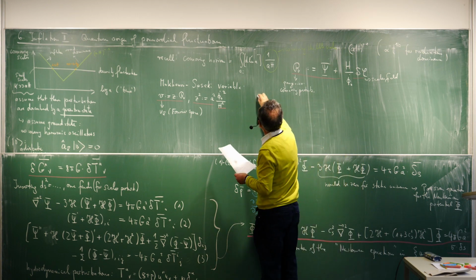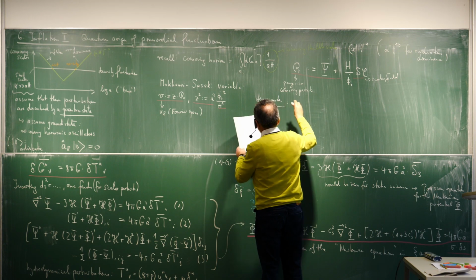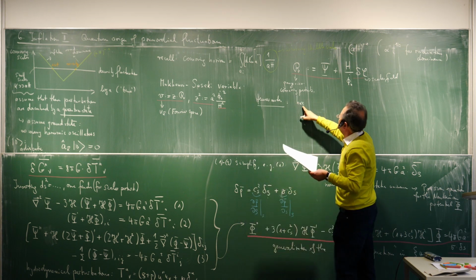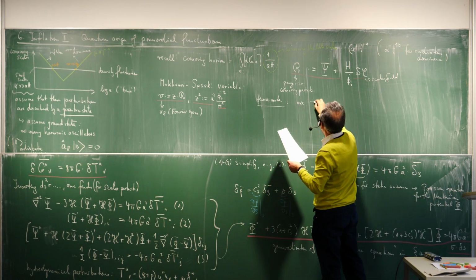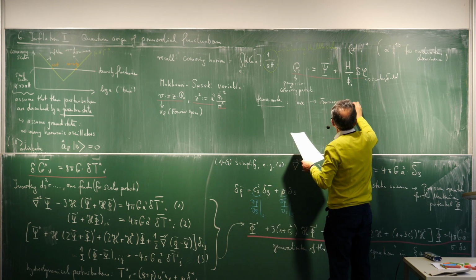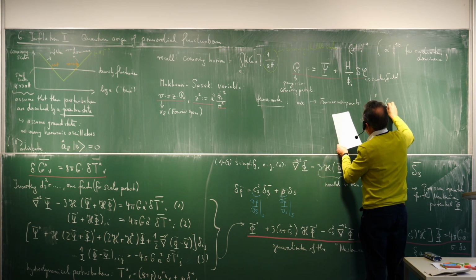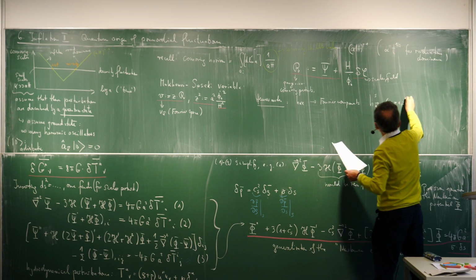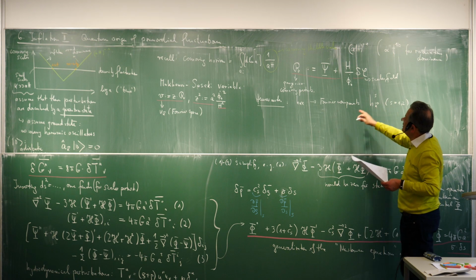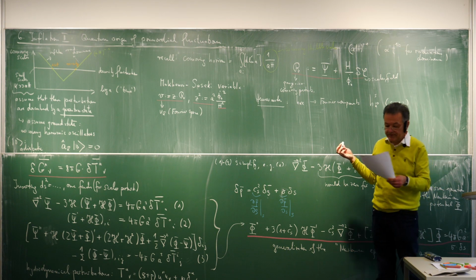So for the tensor modes, we decompose the h_ij, the tensorial perturbations, into Fourier components h_k^s for the two transversal polarization states, the cross and the plus polarization, and the components are in the polarization tensors, like in relativity 1.